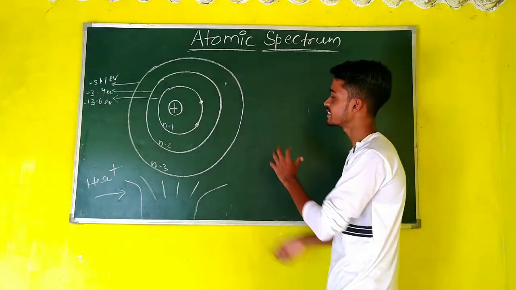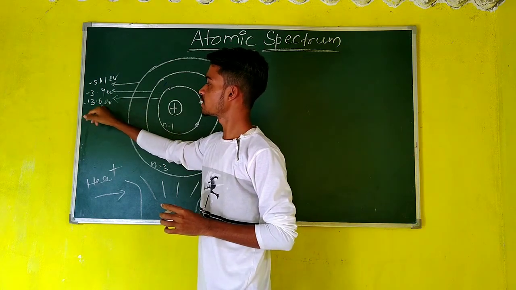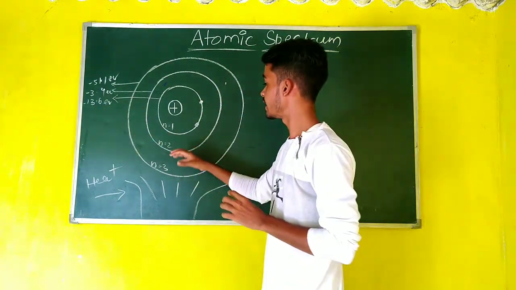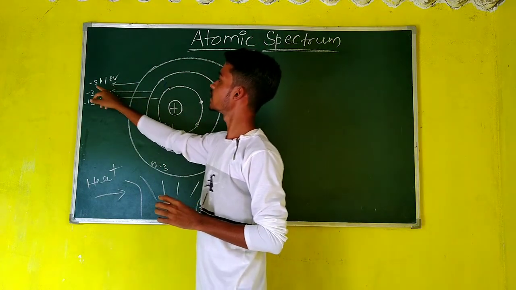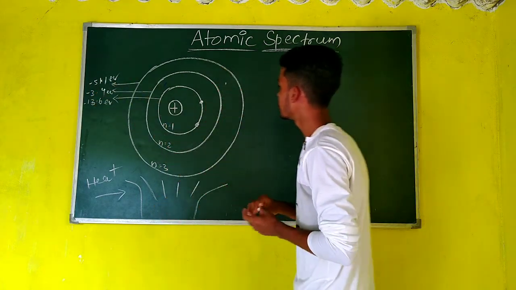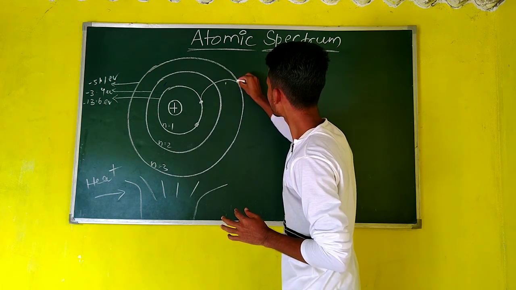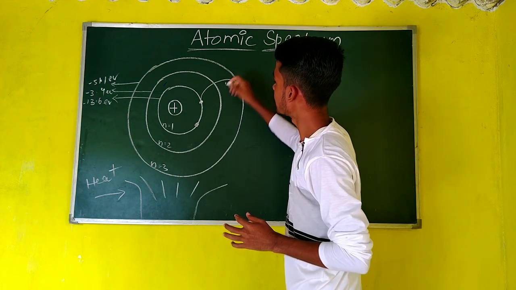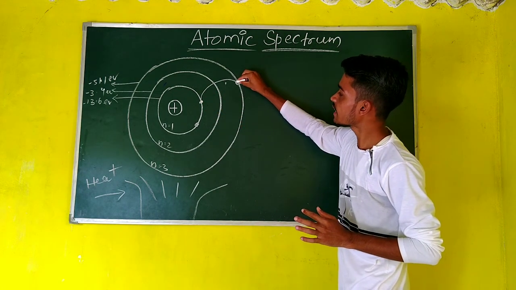In the initial state, the electron's energy was minus 13.6 electron volt, and after absorbing energy it increased. Then the electron jumps to the third energy level, because its energy equals that of the third energy level.